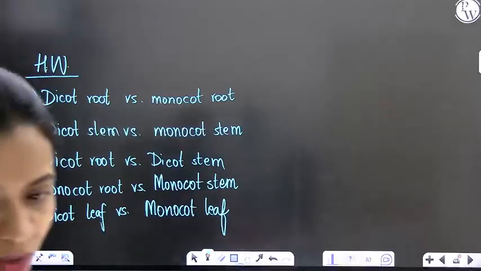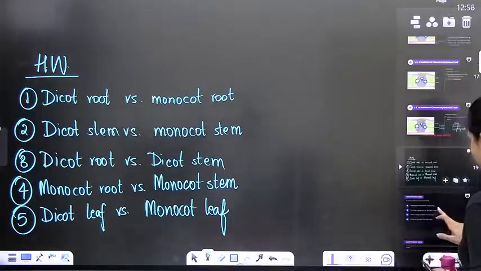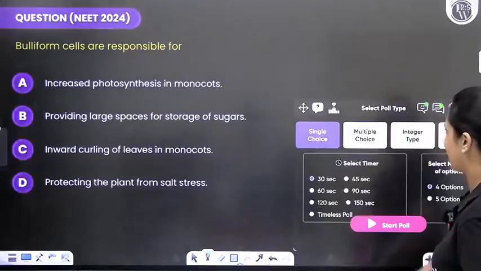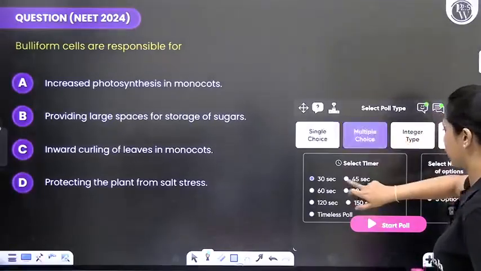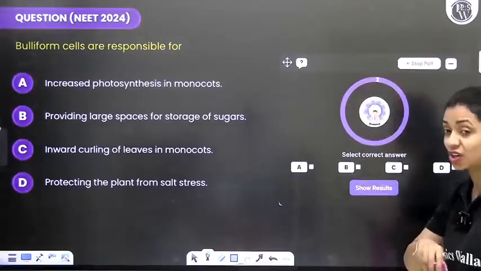Okay. So now let's start off with the questions. This is a brand new question from NEET 2024. Let's see how many of you will answer this correctly. We just learnt about it.